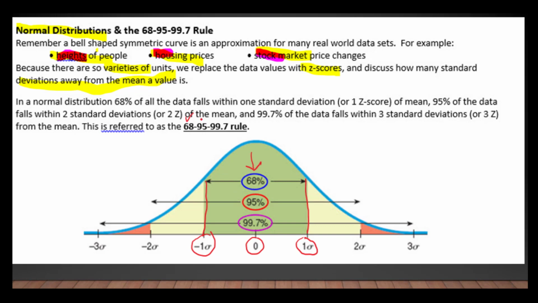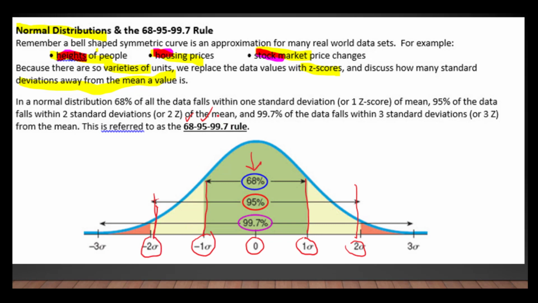The 95% rule, you can see the 95 here, means that in a normal distribution, 95% of the data will fall within 2 standard deviations of the average.